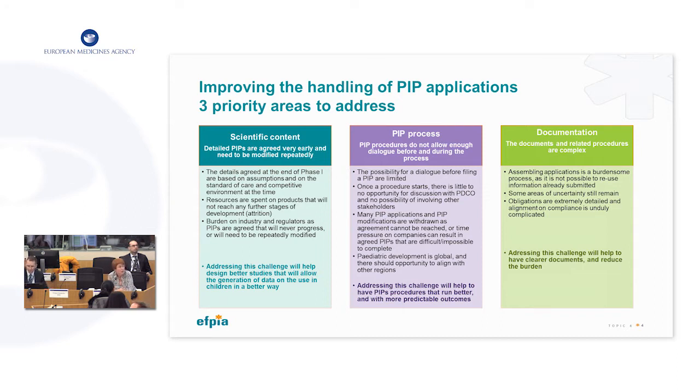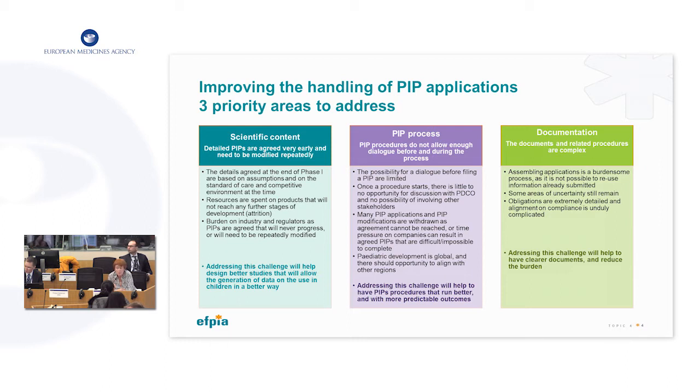The possibility of dialogue before filing a PIP is relatively limited. Once in procedure, there is little or no opportunity to discuss with the PDCO and no possibility of involving other stakeholders. It's a single discussion between one company and the PDCO. We do not bring patients or carers or other stakeholders into the room.